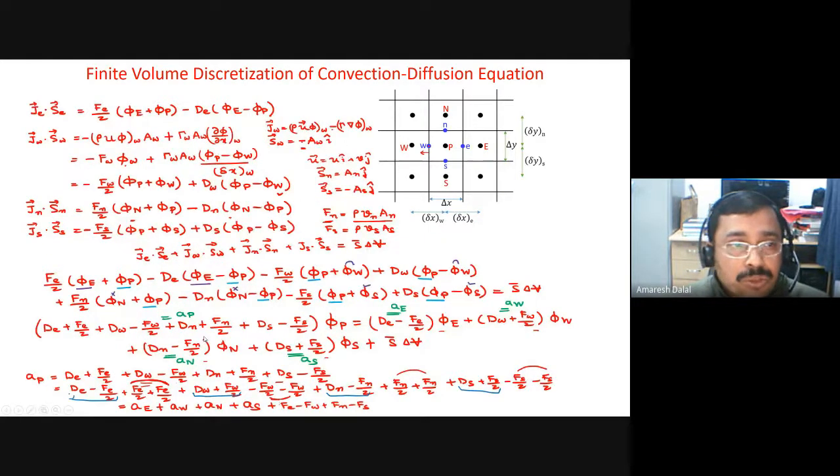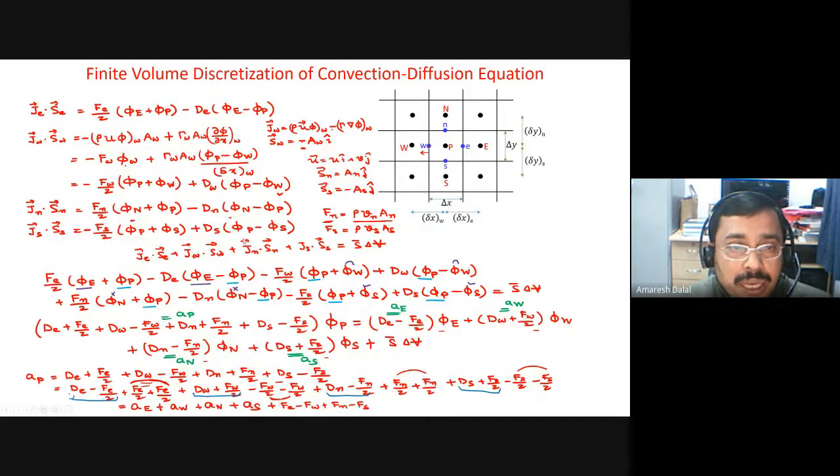So now we know how we have discretized J_e dot A_e. This is the discretization equation where F is the mass flow rate, using the central difference scheme. But if you use other schemes like first order upwind, second order upwind, or QUICK, this term will be different. In a similar way, you can calculate J_w dot A_w, J_n dot A_n, and J_s dot A_s.